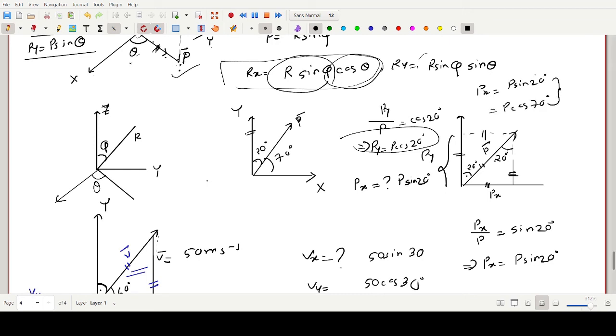We can also get this using trigonometry. Now, what is the point of learning how we can calculate components using two formulas?